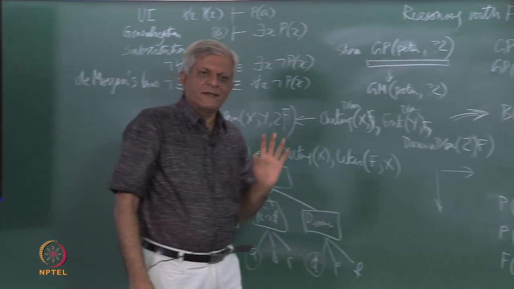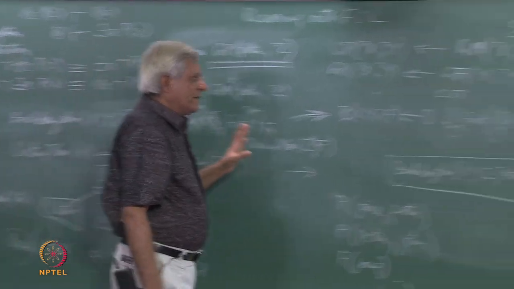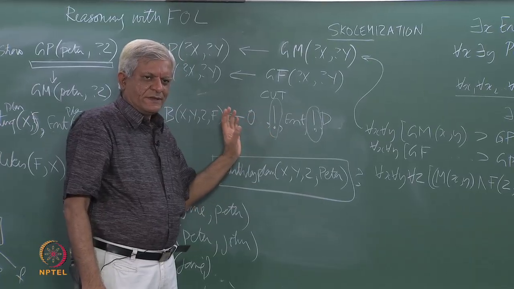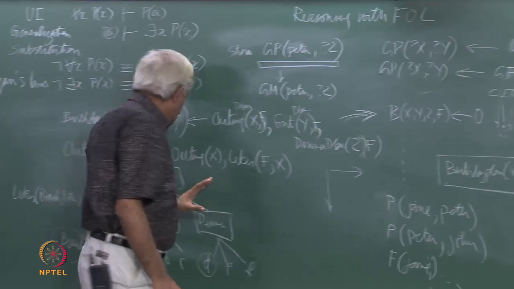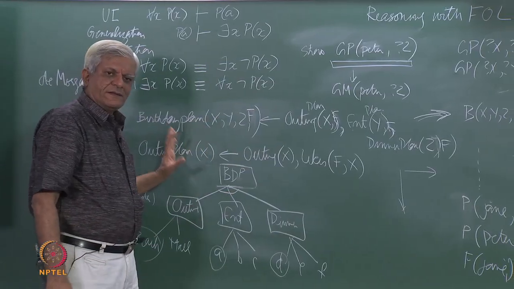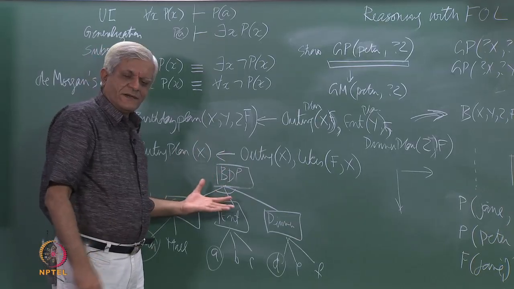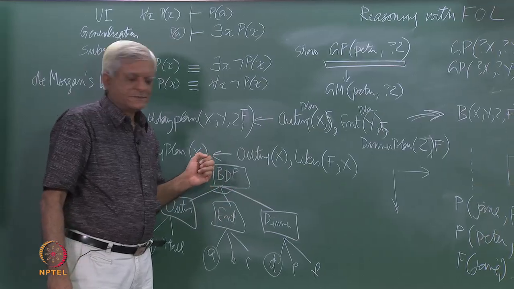Anyway, without going into the details, I just want to point out that the cut feature of Prolog is used to control this huge amount of backtracking that one ends up doing in an unconstrained search.